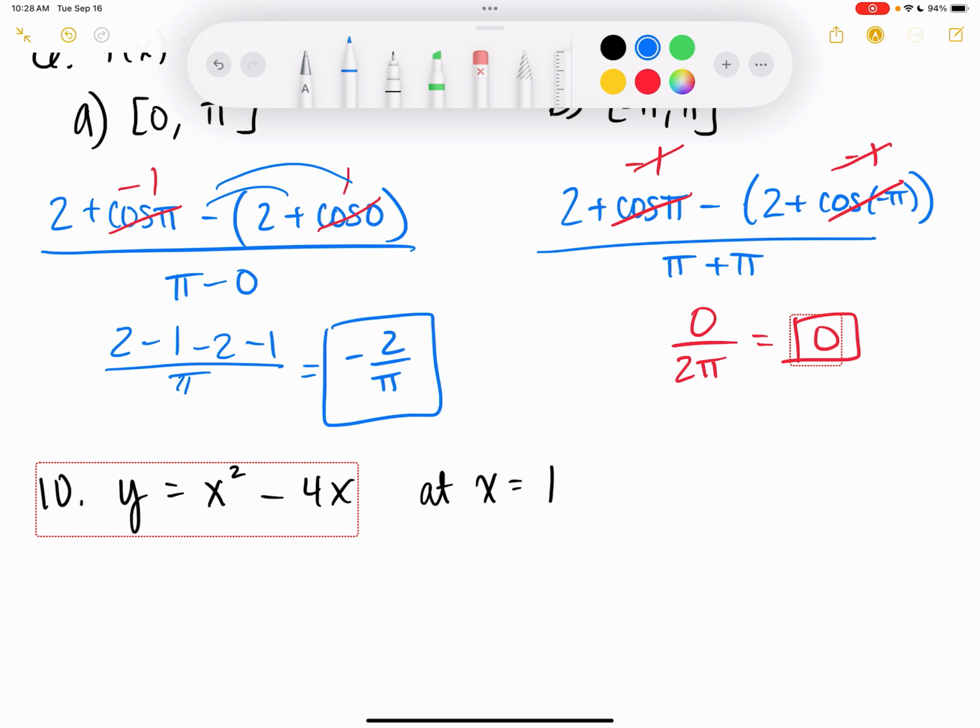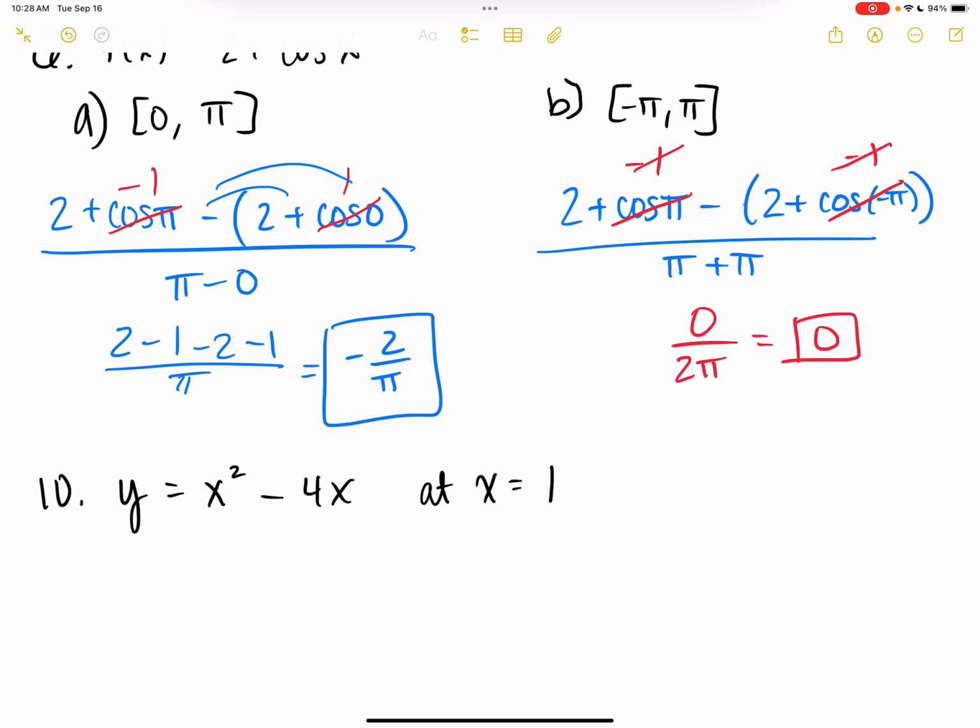All right, so basically if you remember from the notes you were watching yesterday, there was a formula in there. It's on page 90, but the slope is the limit as h approaches 0 of f of a plus h minus f of a over h, where a is the point, and then we leave the h in there, because obviously we're dealing with the limit as h approaches 0.